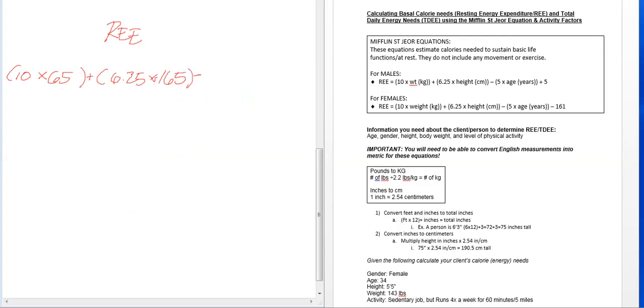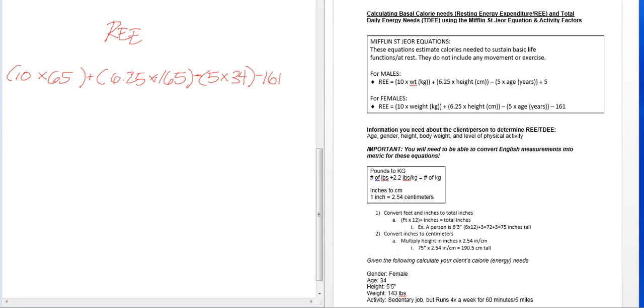Then we are going to subtract 5 times her age in years. And then we are going to just subtract 161. You notice that the formulas are identical, except for the women's equation, you subtract 161, and for the male equation, you just add 5.